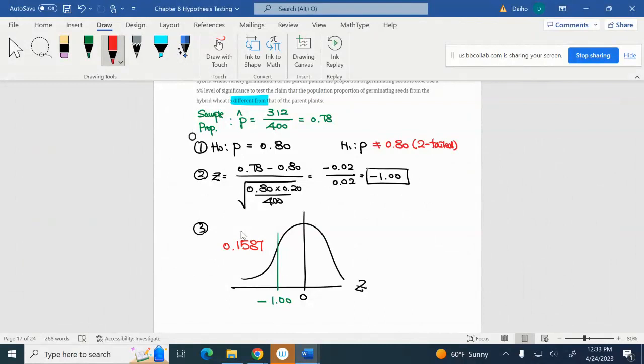0.1587. Do I have to do 1 minus? Be careful. We need the two-tailed, right? Always, we have to get the tail probabilities. So we have to take the left tail.